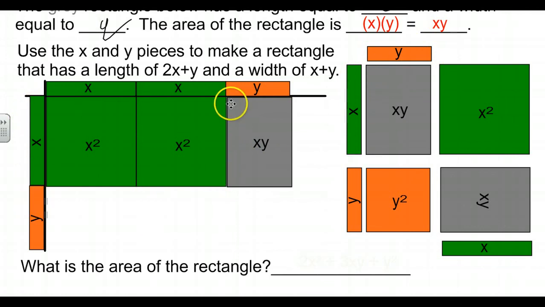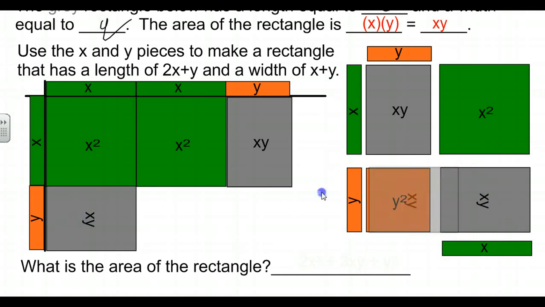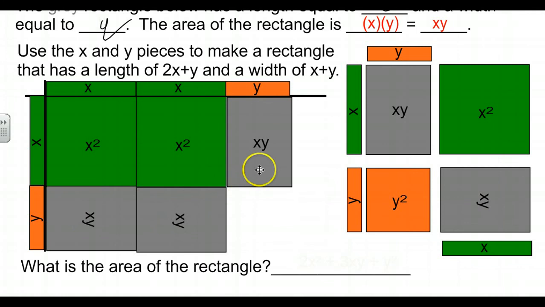We got x on the side, y up top. Now we have a y and an x, so I think this is going to fit in here. Yeah, very nicely. And then this will fit in here also very nicely. And what do we got here? We've got y and y. So how about that? Take a look at that.